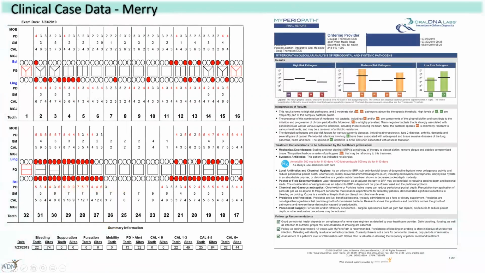Now, interestingly, in this case, we know we have a very active disease, but look at the pathogen load. Even the pathogen load is not that dynamic. I would expect to have a lot more bacteria. So when you get this data, and you see that there's a disconnect between the bacterial levels and the potential disease, start asking some questions.